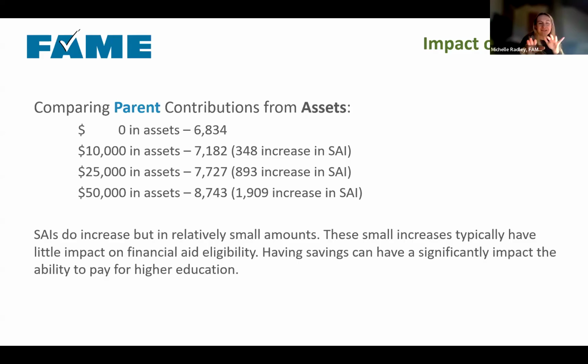So naturally, it's going to come out with not exactly a proportional increase each time. But you can obviously see here how minimally it impacts the SAI, which is the major point that we want to get across, particularly on the parent side. We talked about the income being the major driver, not the assets in this portion of the formula.